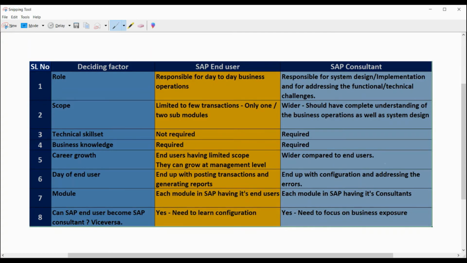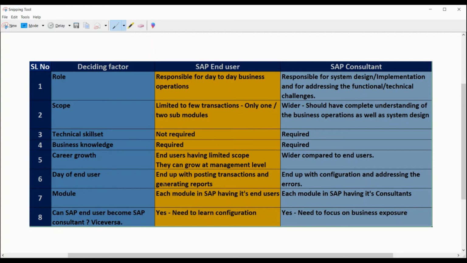The day of the end user ends up with posting transactions and generating some reports. What is the day of an SAP consultant? An SAP consultant's day ends up with configuration or addressing errors. It is quite challenging compared to an end user.